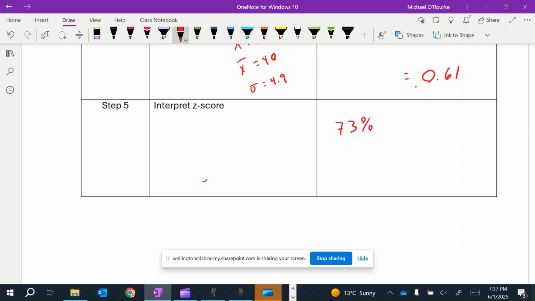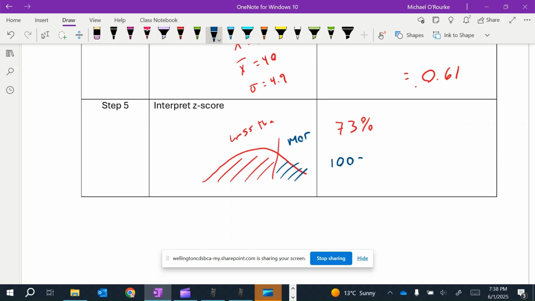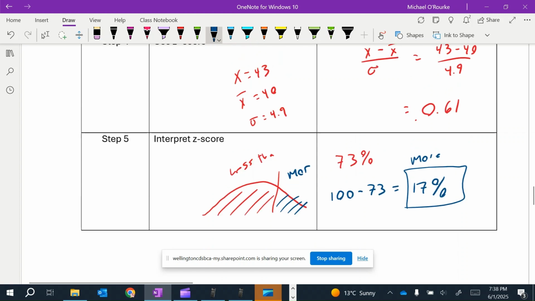Now, if you remember, the z-score always tells you the number below or less than. I want more than. So I'm going to go 100 minus 73, which is going to give me 17%. So there's a 17% chance he hits more than 43 hits in his next 100 at-bats.